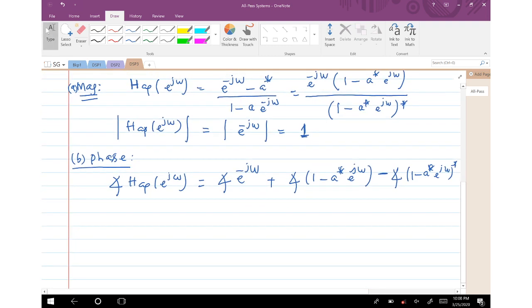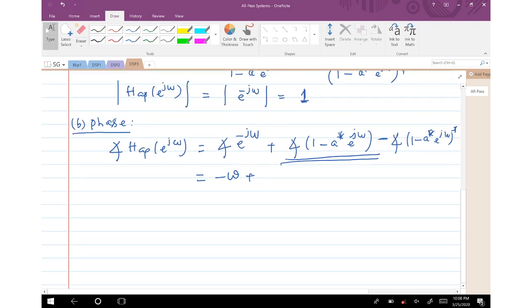So we already know that the phase of e power minus j omega is nothing but minus omega, and for the second term and the third term, being the conjugate of the second term, the phase simply becomes the negative of that, right? So first let's simplify the phase of this. Let's take this out and compute its phase.